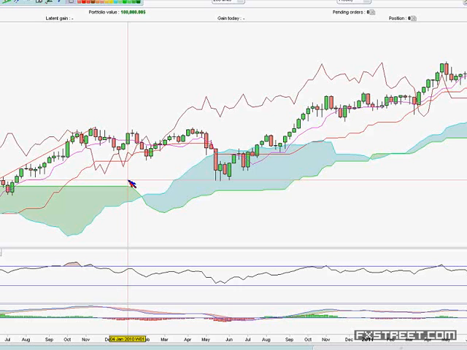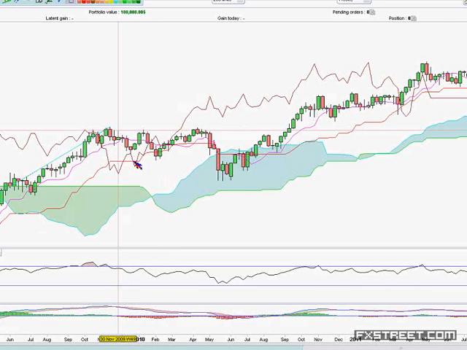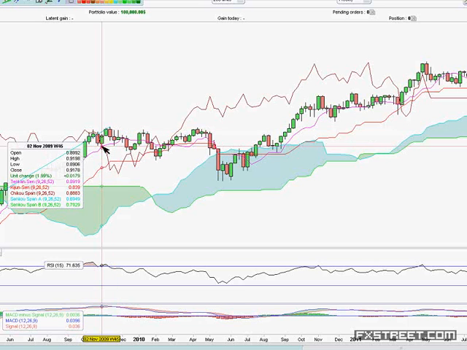The textbook is to wait until the turning line and the other Sen line, the standard line, have crossed. I look for chart formations. If I'm in a bullish trend, I would look for an inside harami with a confirming candle to tell me that trend is likely to come to an end, or I look for a bearish engulfing candle.